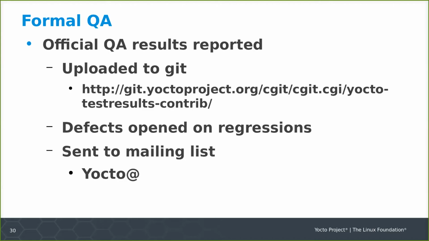All right, so we get an official QA result report. They upload it to yocto-testresults-contrib. Since it's an external activity, this is where Intel people upload the results. They open up defects on regressions. For those that are on the Yocto mailing list, they send the report off to the mailing list.